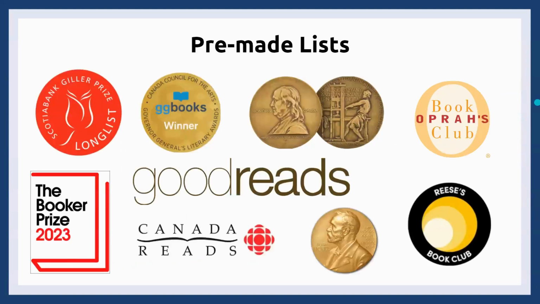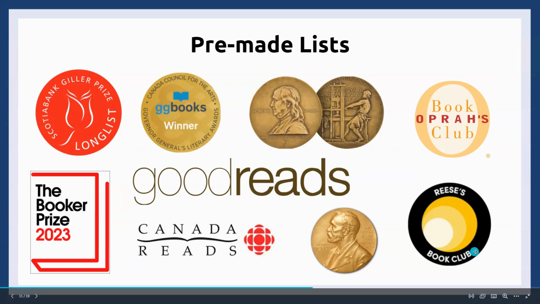All right, let's talk a little bit about finding books. So if you're struggling to choose a book for your club, you might want to use one of these pre-made lists. Some of these are high profile ones like Oprah's Book Club or Reese's Book Club. What else do I have here?